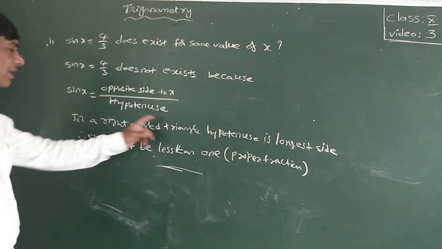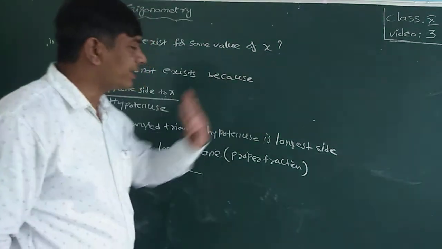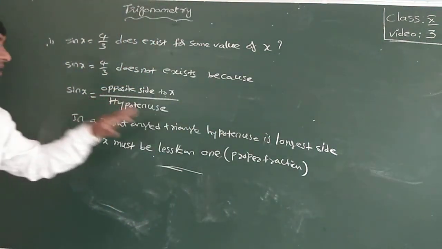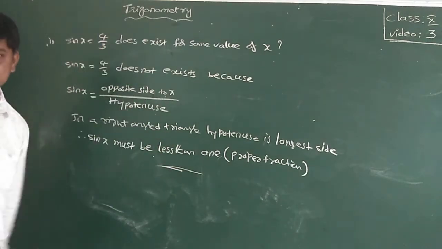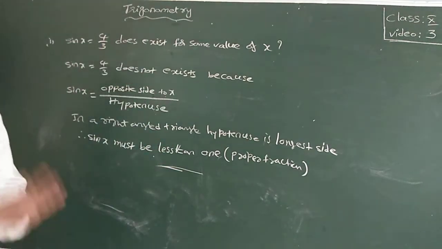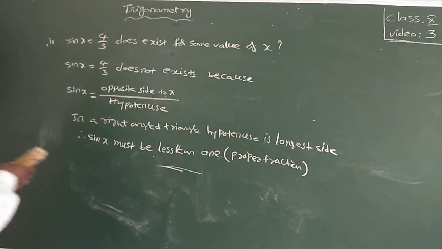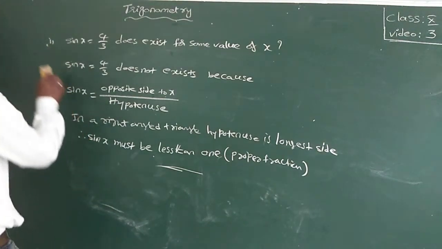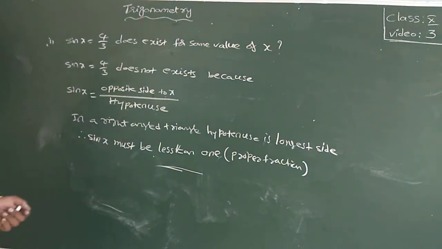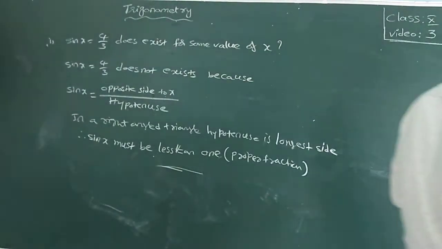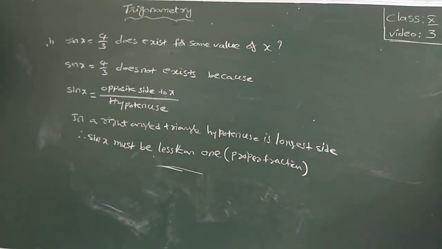In a right angle triangle, hypotenuse is the longest side. So therefore sin x must be less than 1, a proper fraction. That's the reason. Whereas sin x given is 4 by 3, which is more than 1, so it does not exist.